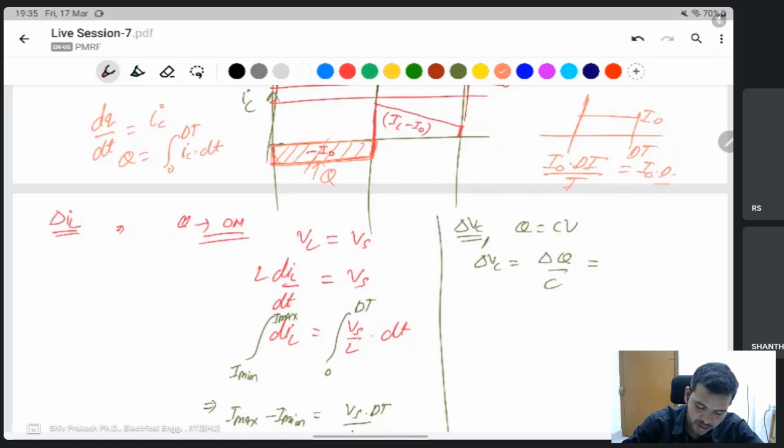To integrate this, IC is a constant I naught, so you find I naught into dt is the total charge. Delta Q is the change in charge over the charging or discharging time, divided by C. This means delta Vc, the change in capacitor voltage, is I naught D divided by Fc.